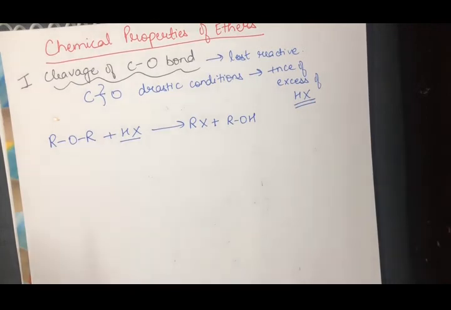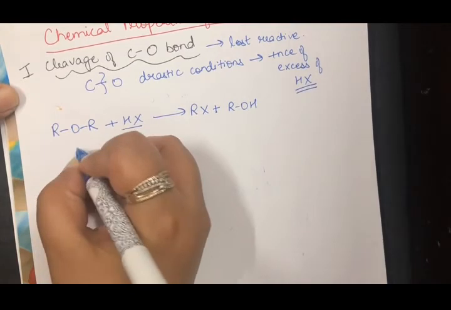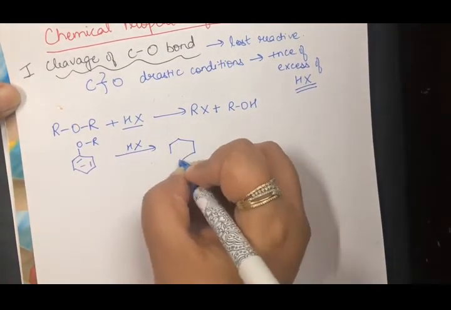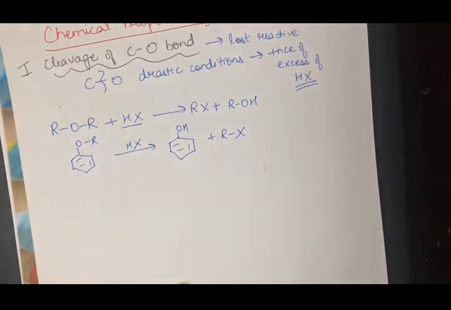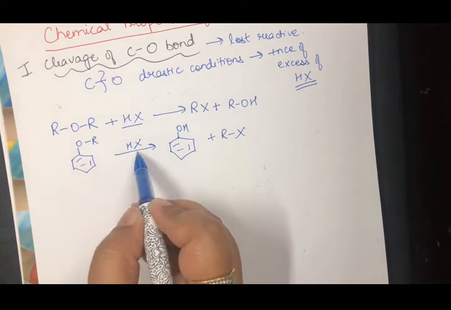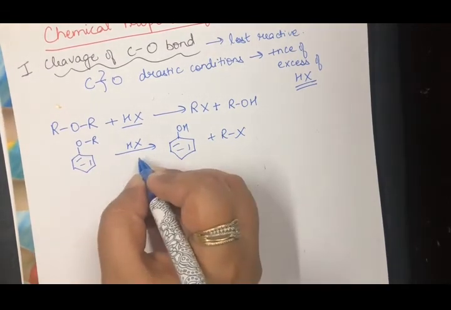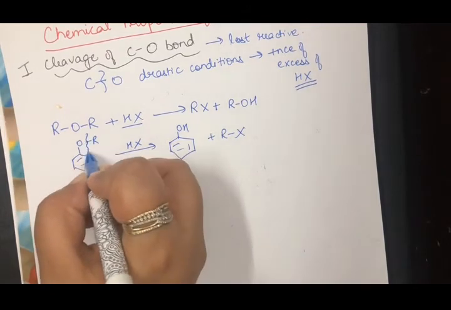Now, if I take an aromatic ether like this and I add HX here, I will always get a phenol and an alkyl halide. Under this condition, when you have an alkyl aryl ether and you take excess halogen halide, the bond will always break here.